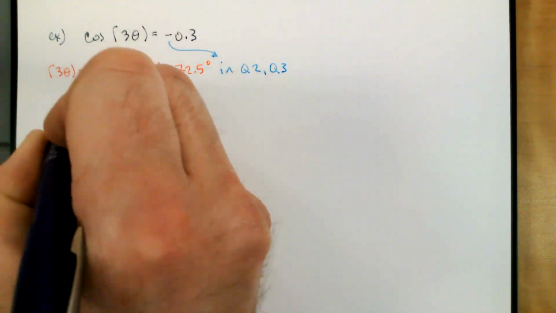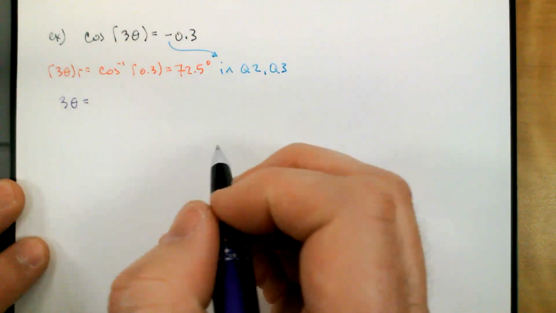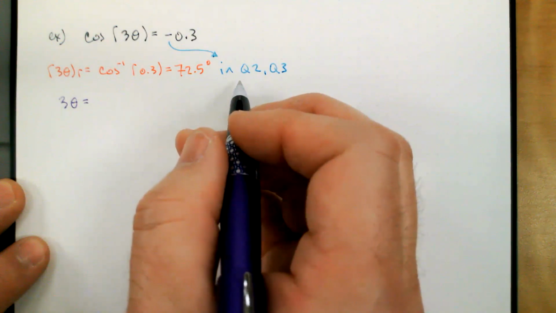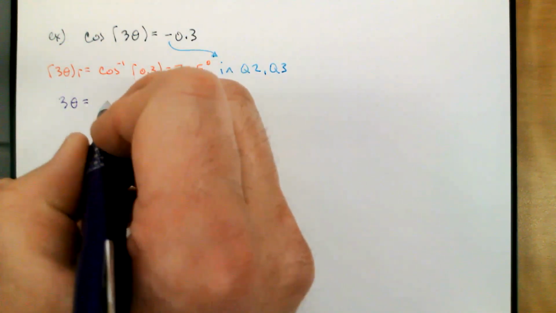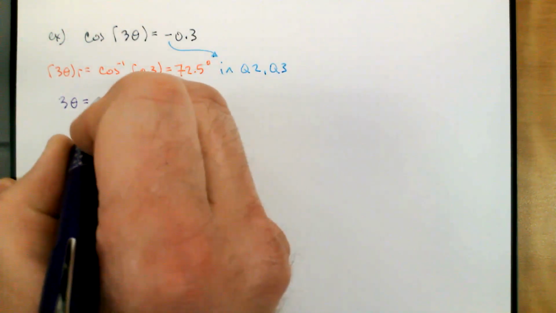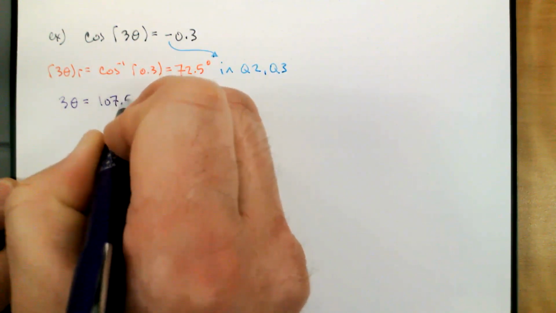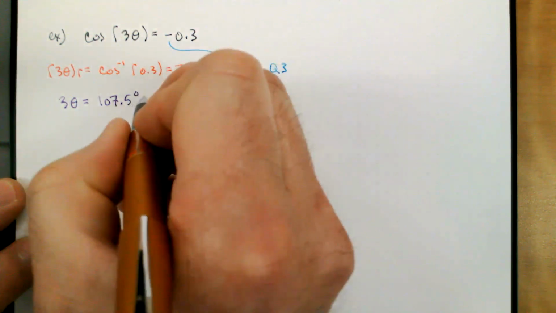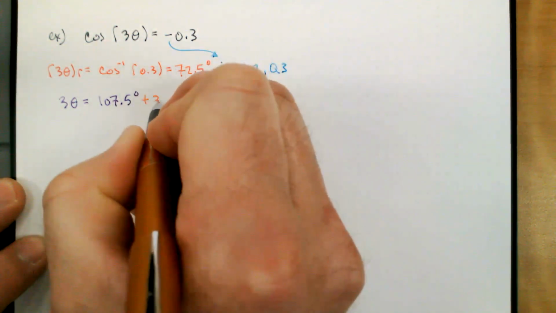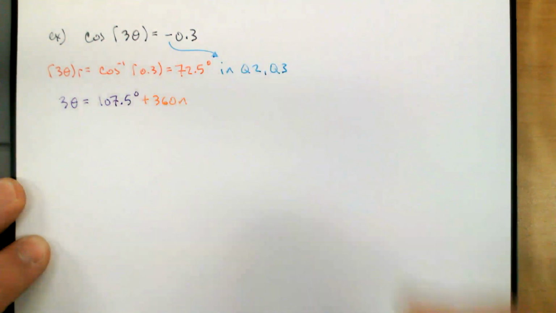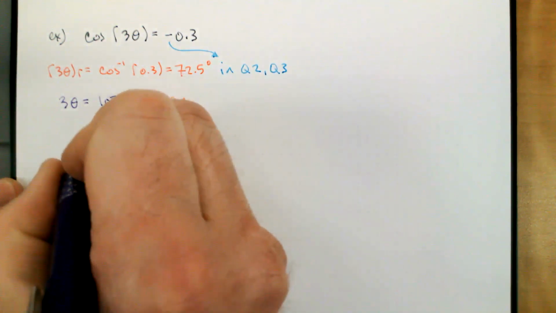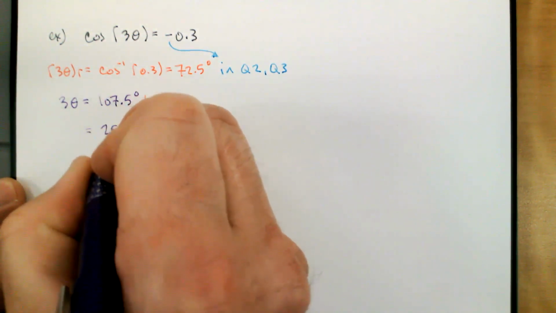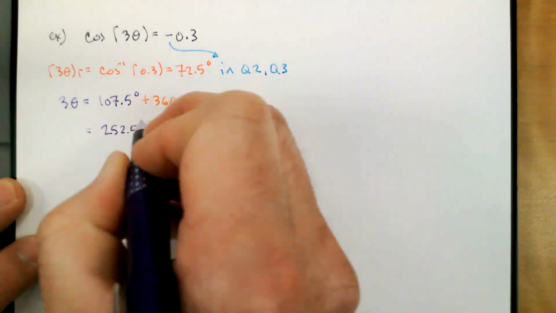So my 3 theta is going to be 72.5 in quadrant 2, which was 107.5. But we add full circles. And our other 3 theta was 252.5.